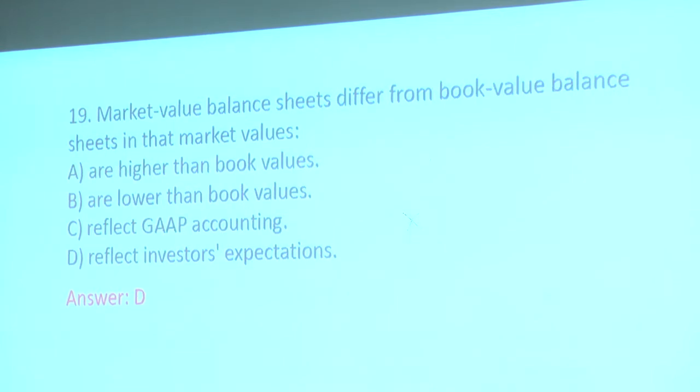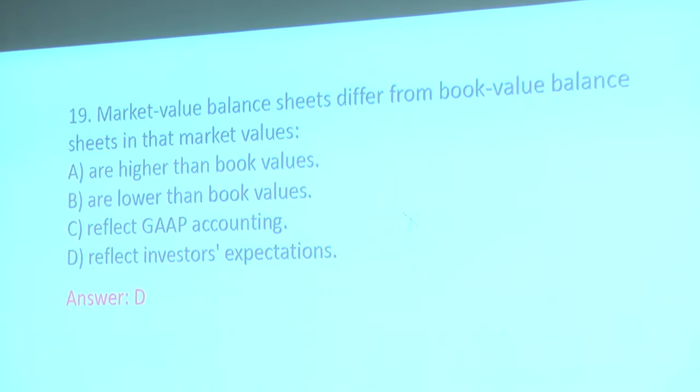Market value balance sheets differ from book value balance sheets in that market values, what? Market value balance sheets record market value. But who determines market value? Investors. They trade on their exchanges, supply, demand, there's a price.